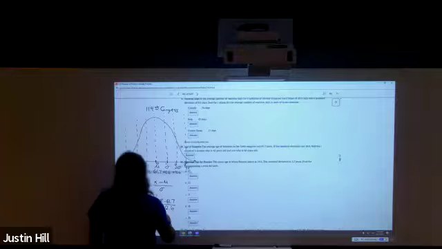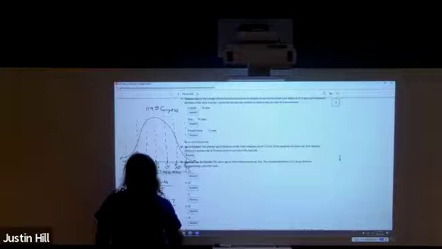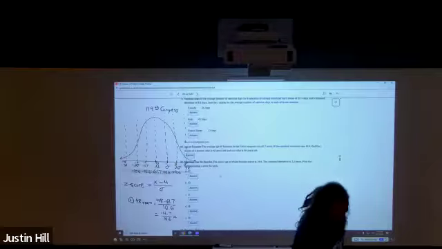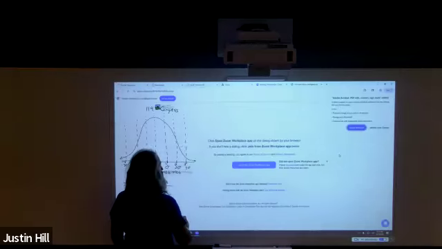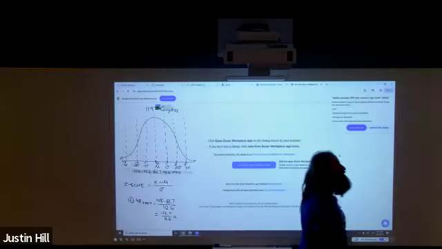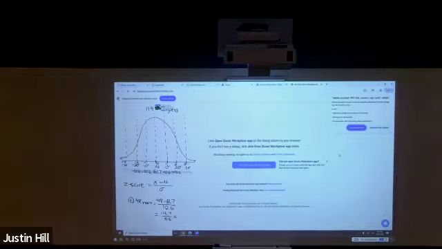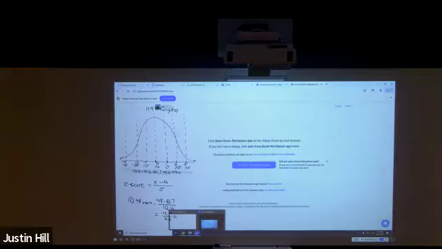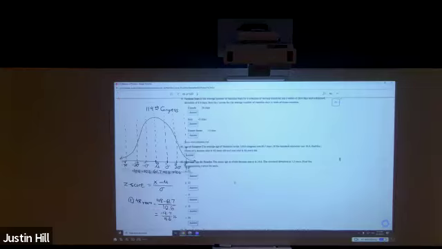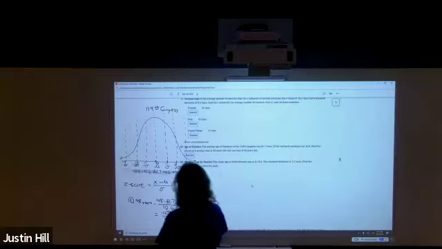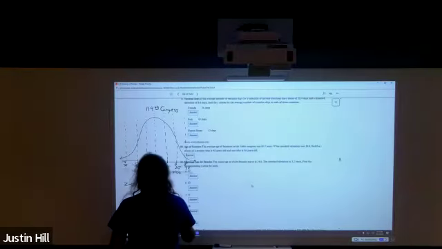You subtract here, you get negative 13.7 on the top, and then we divide that by 10.6. What you should end up getting is roughly negative 1.29.